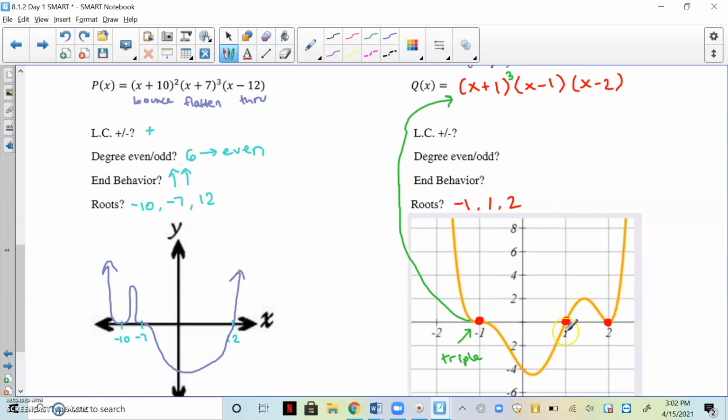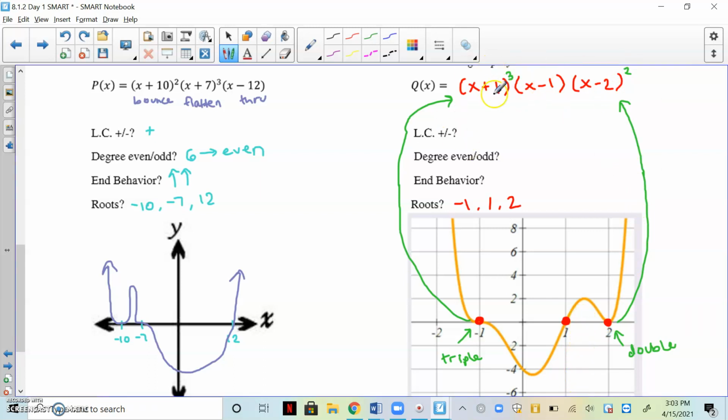This 1, it goes straight through, no trouble here. So this one doesn't actually need an exponent. You could put an exponent of 1 if you wanted, but I'm not going to. And then at the 2, which goes with this factor here, it bounces. So that's a double root right there, which means I need to put an exponent of 2. All right. And so that's it.